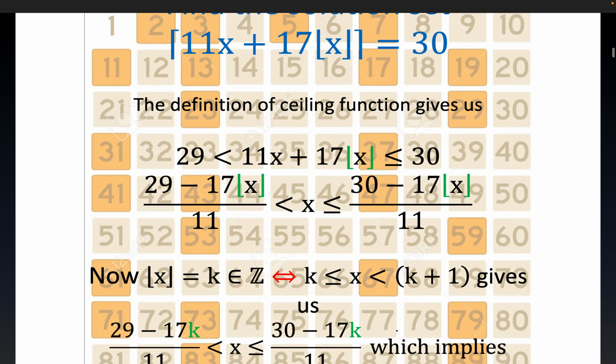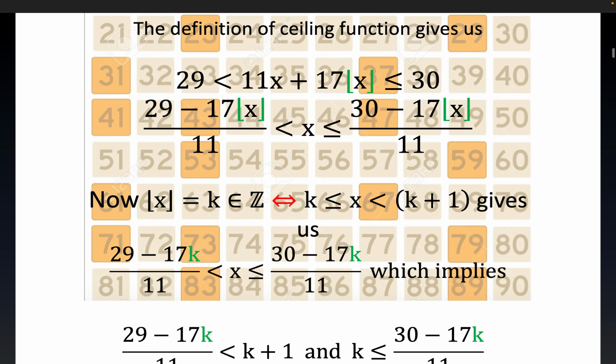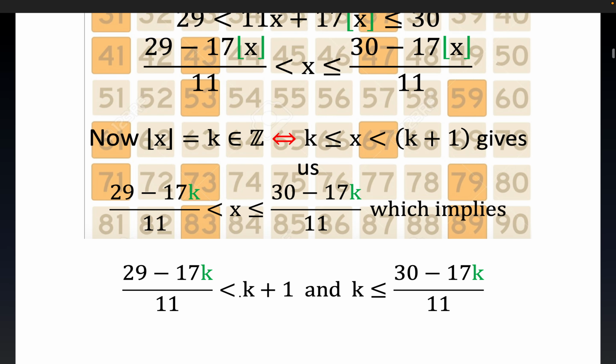compared to that. So now what I do is I just use the k that's guaranteed to exist based on the definition of the floor function. And so we got everything in terms of k, where k is just equal to the floor of x. Okay, k is equal to the floor of x. Now we carry on here using this truth, using this definition of what the floor function means.